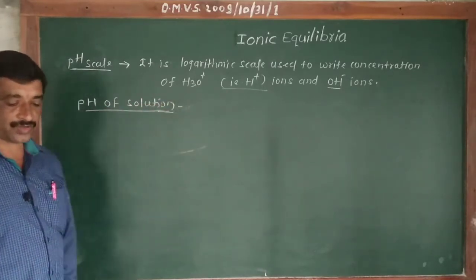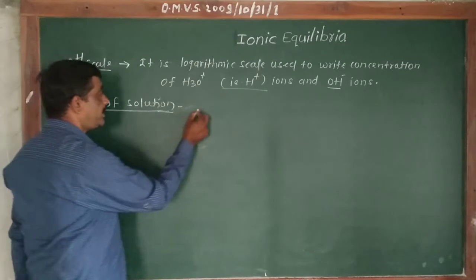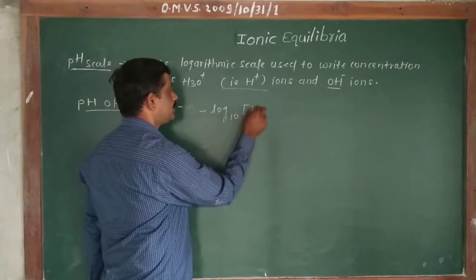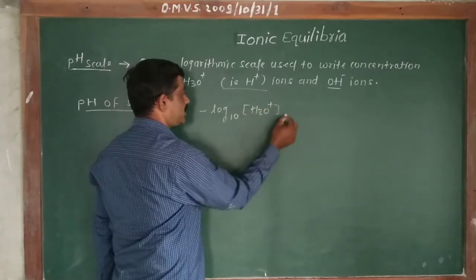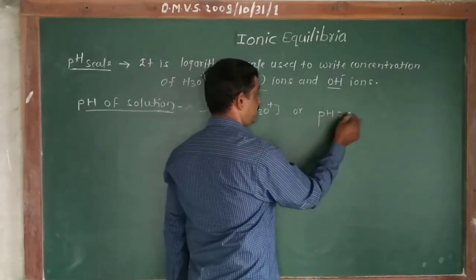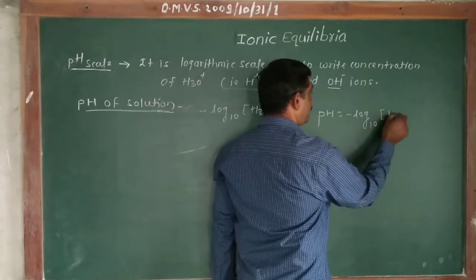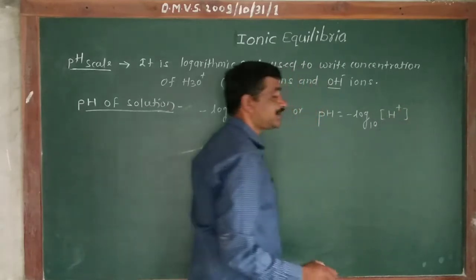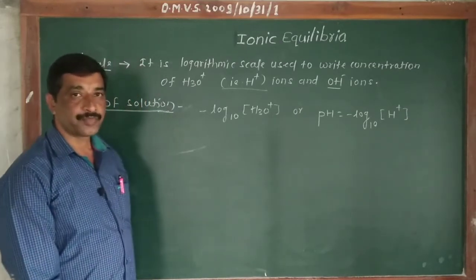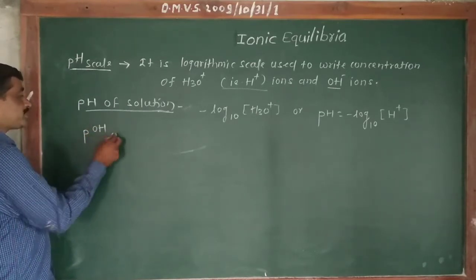What do we mean by pH of a solution? pH of a solution is nothing but the negative logarithm to base 10 of hydronium ion concentration, or we say that pH is nothing but the negative logarithm to base 10 of concentration of H plus ions in the given solution. Then this value gives us the pH of the solution. Then another point is the pOH of a solution.